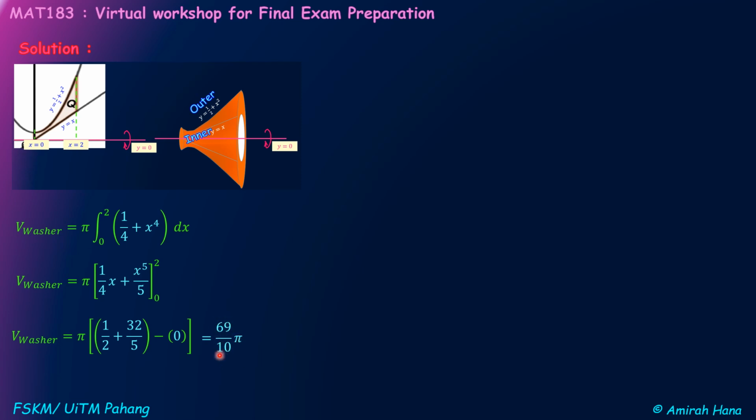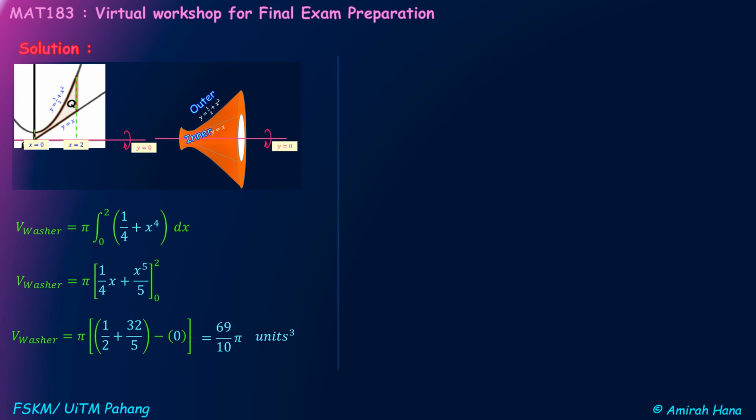Okay, we just leave the answer in fraction and pi, because that's more accurate. And since this is volume, we need to put units cubed. If area, we put units squared. But for volume, we put units cubed. Right? So this is the final answer.